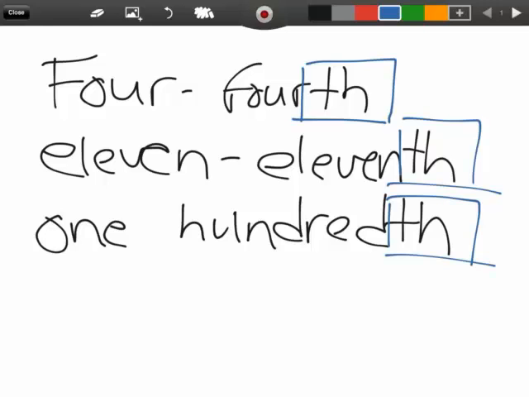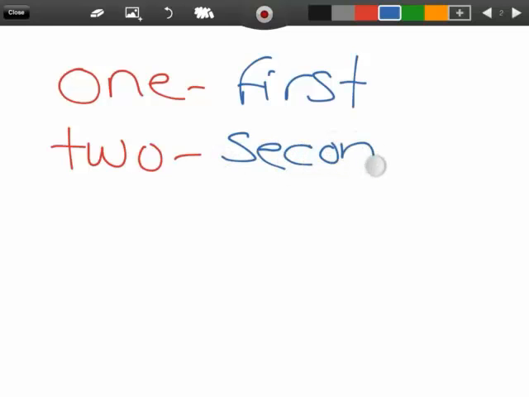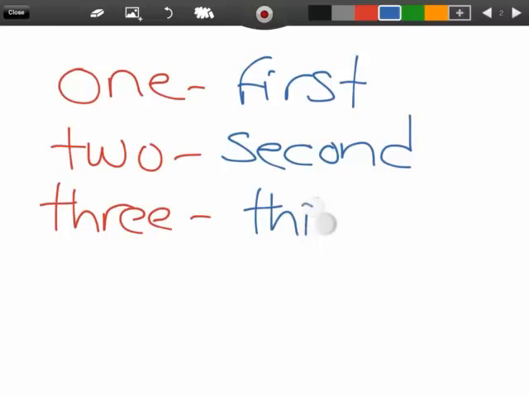But there are a few exceptions. I'm going to give these to you right now. For example, 1, you say first. 2, you say or write it as second. 3, you would say third. For example, you have 5, you would write it out like this, fifth.